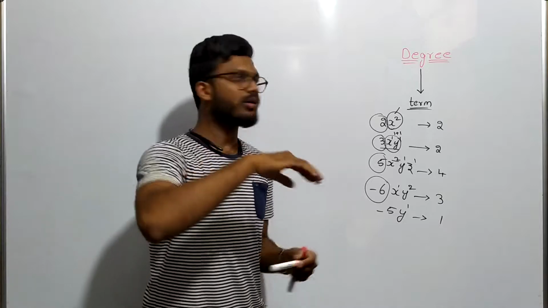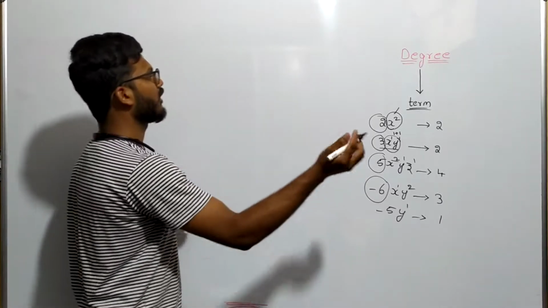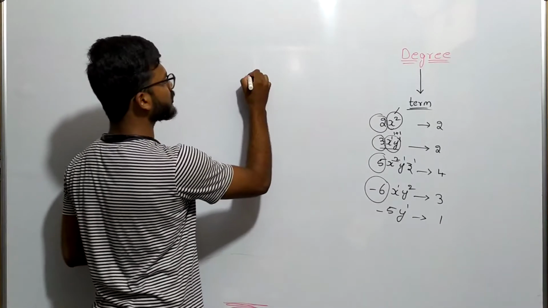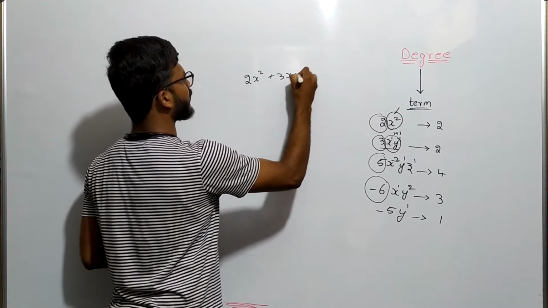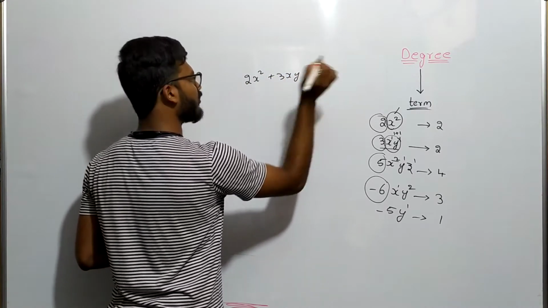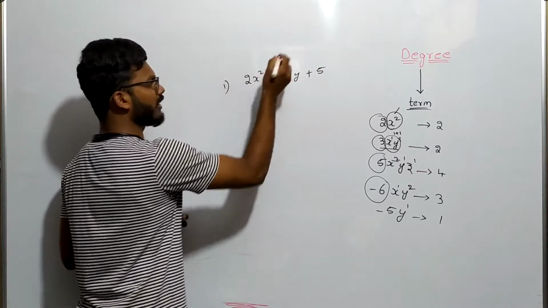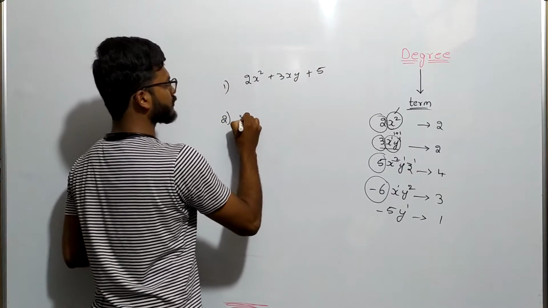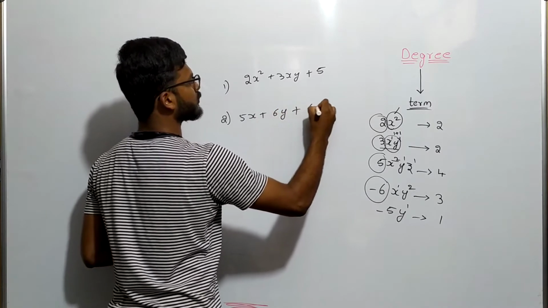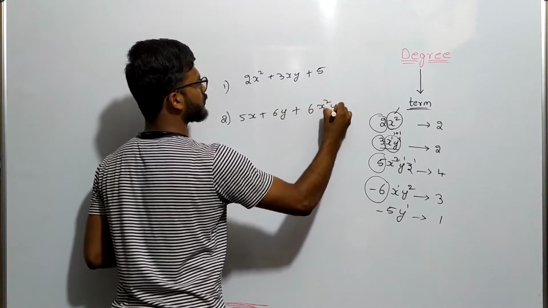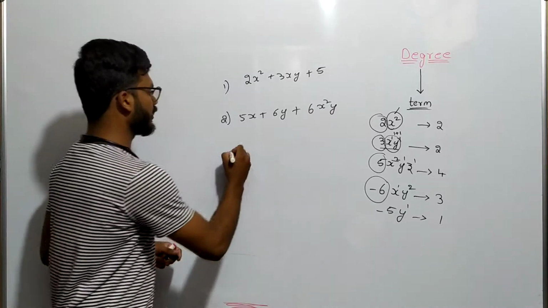Now coming to degree of an equation or expression. Suppose we have expressions like this: 2x square plus 3y plus 5. Let it be one expression. Another expression.